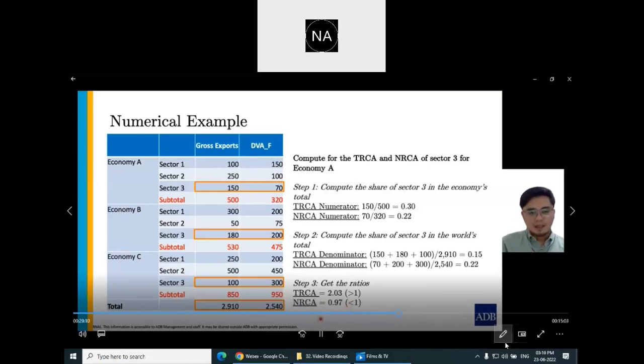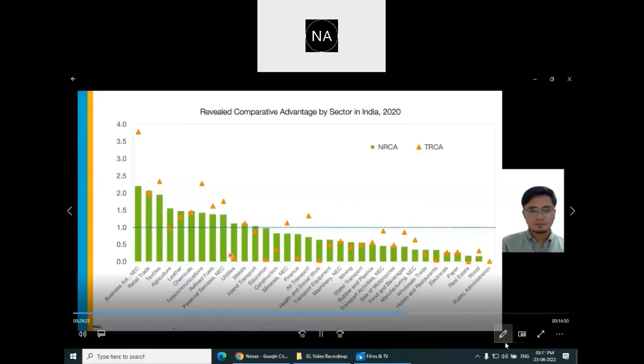So in other words, there is a different story when we make use of the value added approach in calculating the RCA as compared to the gross exports approach when calculating the traditional RCA.